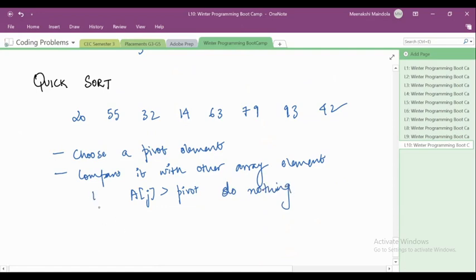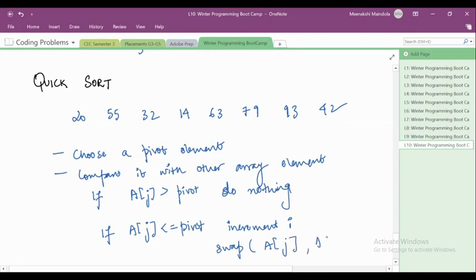And if a of j is less than or equal to the pivot element, then in that case you increment an index, let us say i, and the next thing that you do is you simply swap the values a of j and a of i.